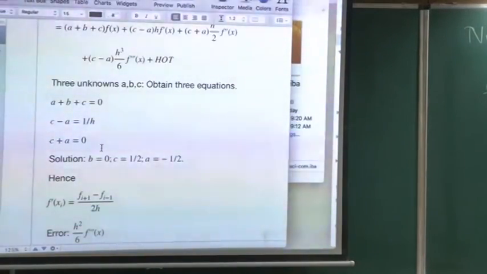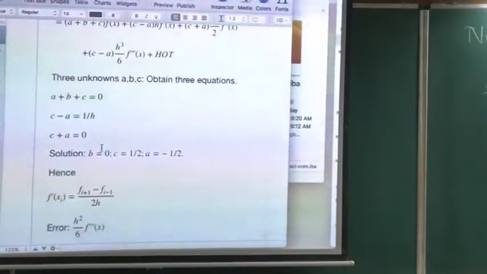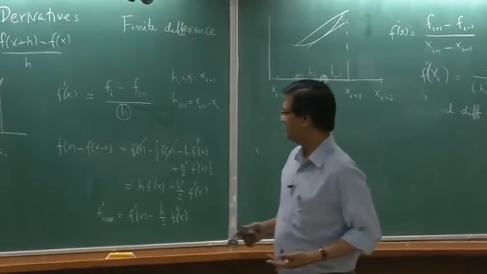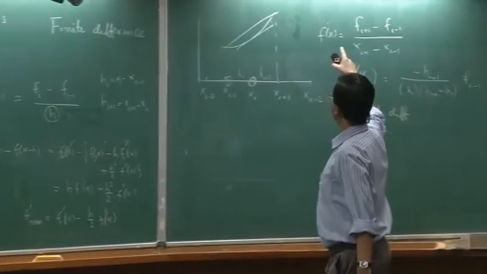So, using 3 points I derived a formula for f prime x. I just equate with the Taylor series and set appropriate terms to 0. This is the formula I get, and I also get the error right away. The term which I have ignored, c minus a h cube by 6, is that. So, what is the order of the error in the central difference scheme? H squared, whereas in the forward difference scheme it was h.